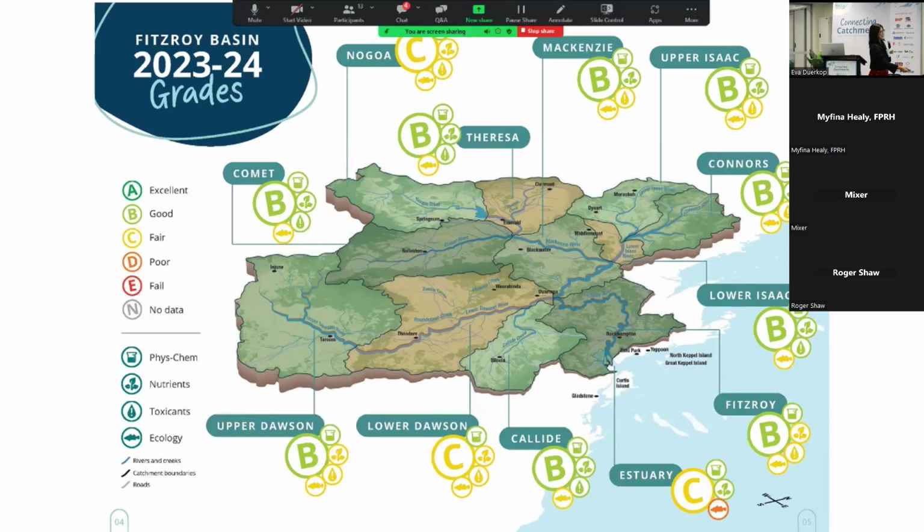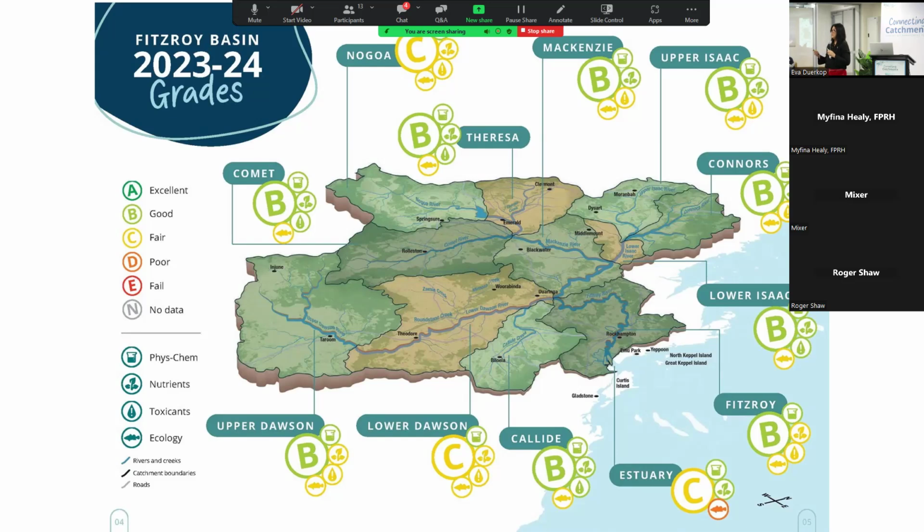And you see the red in the estuary, and that icon refers to ecology, right? So as we said before, and I think we could explain it a bit later, when it doesn't rain as much, and Nicole is here, who's our expert in fish, barramundi, which is an indicator that we use for fish, will be affected by the lack of flow coming out of the river.